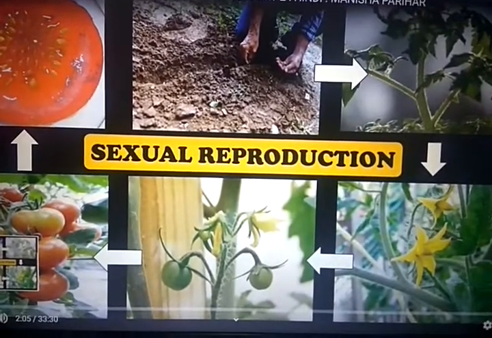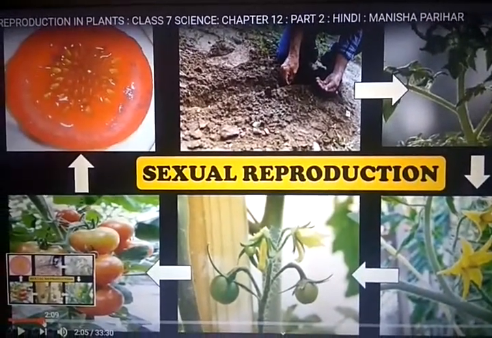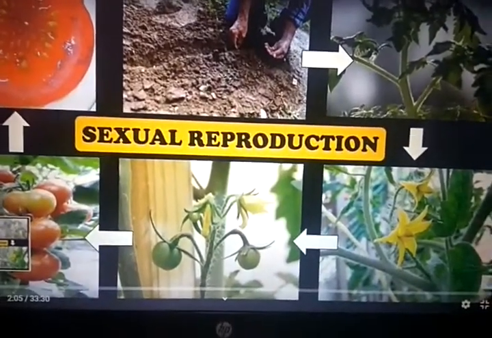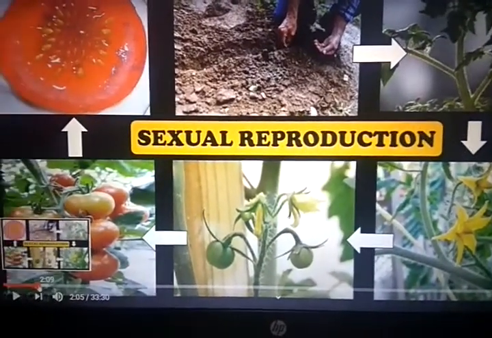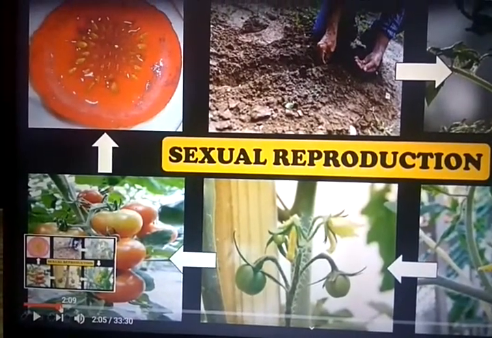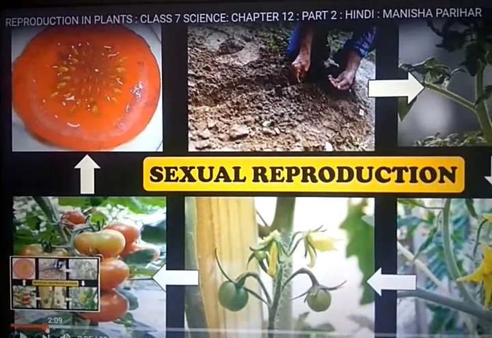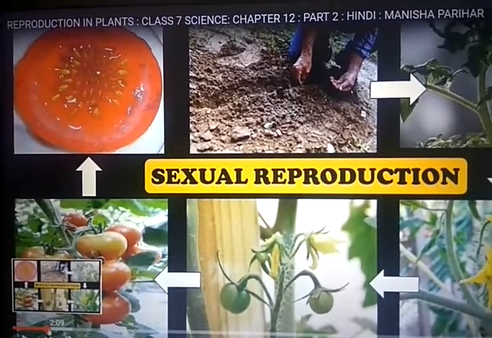Tomato you can see, right? Then the seed germinates, the plant is produced, then the flower will come, then the fruit will come, and finally you get the tomato plant. So this is the case of sexual reproduction.